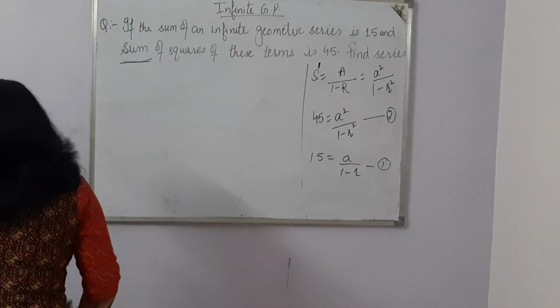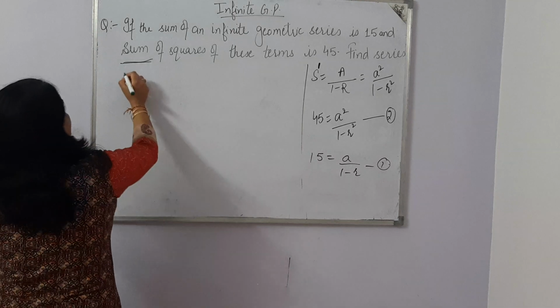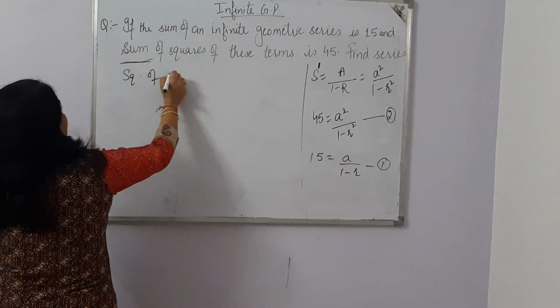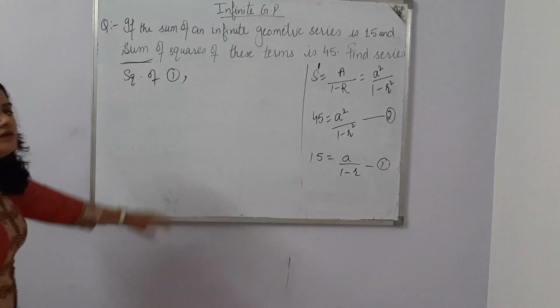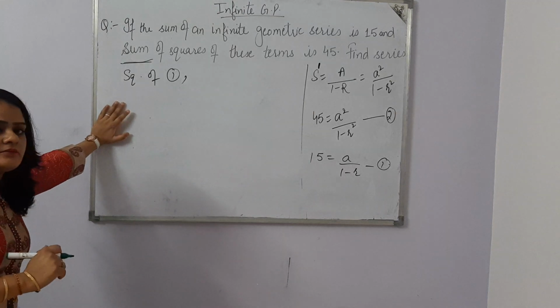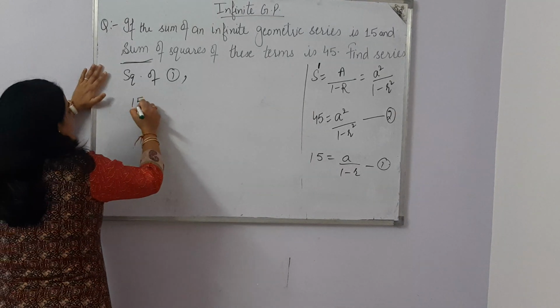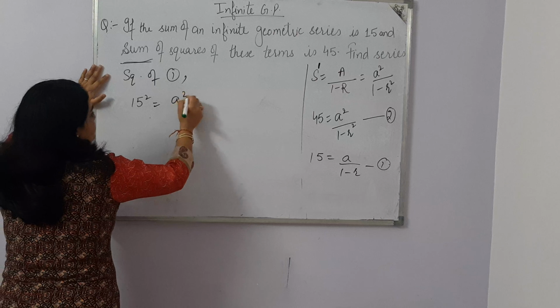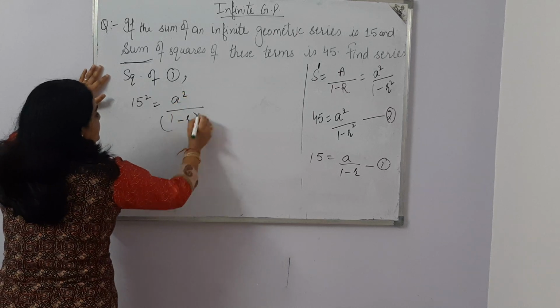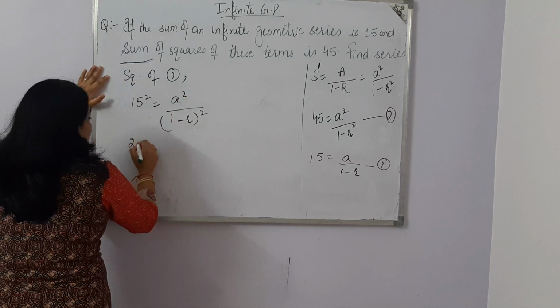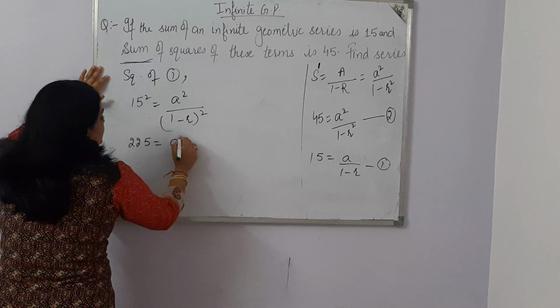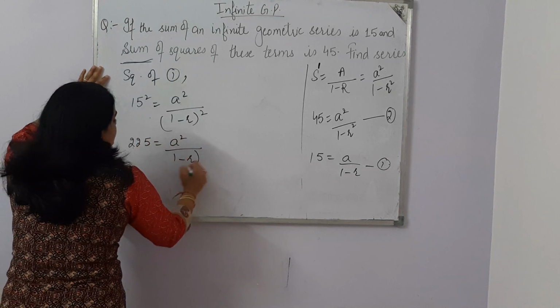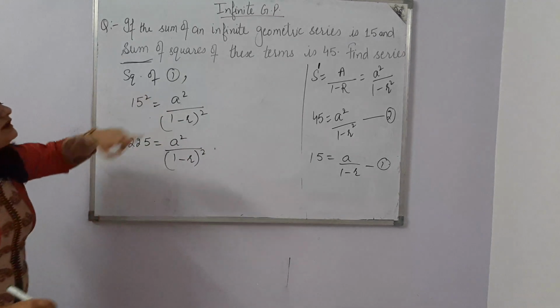So what I am doing is just squaring the first equation. Why, I will explain later on. It is 15 square is 225, equals a square upon 1 minus r whole square. Okay, I am squaring the first equation.